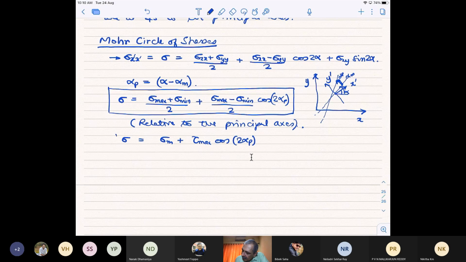So this is the simplest way of writing the stress. So the normal stress, if you can write it in terms of the principal stresses, or like this. So here this term in brackets is tau max, and this term in brackets is sigma m.